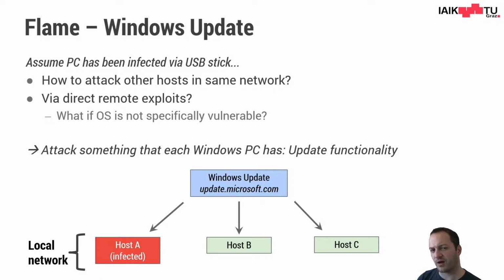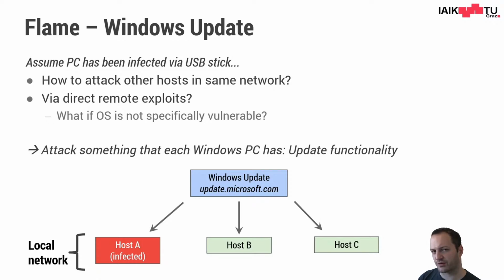So assuming a computer is infected via USB stick, how would you actually proliferate the malware to other hosts in the same network? Flame used a very clever trick for that. On Windows computers, there's a service that's running on all of them, which is the Windows Update service. So why not distribute malware as a Windows Update?